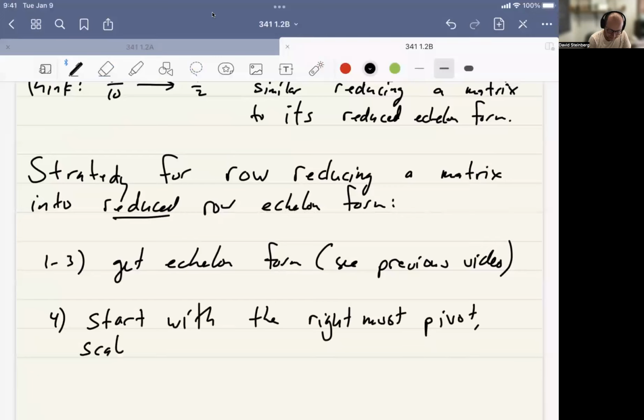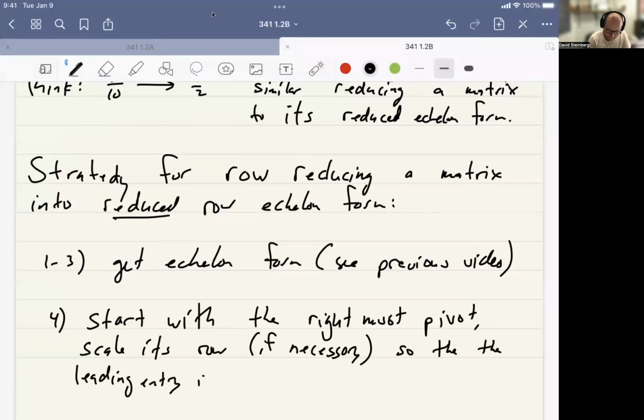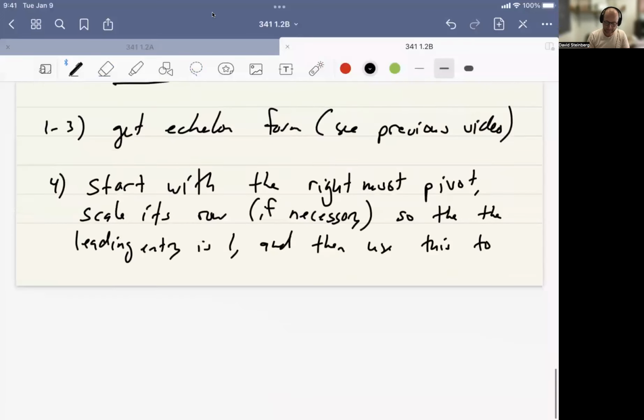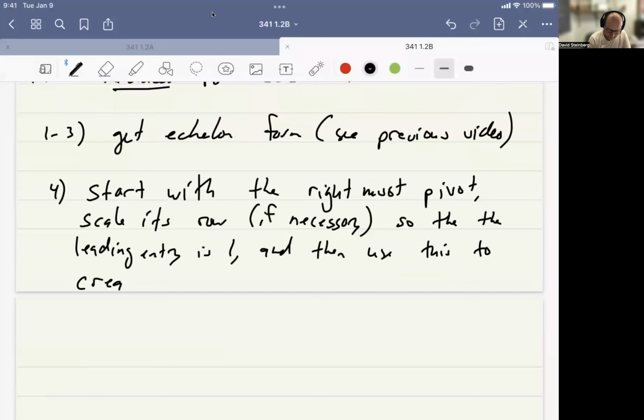We should scale its row, if necessary, so that the leading entry is 1, and then use this to create zeros above this leading entry. Okay, we know there are zeros below it already, so that's everything.